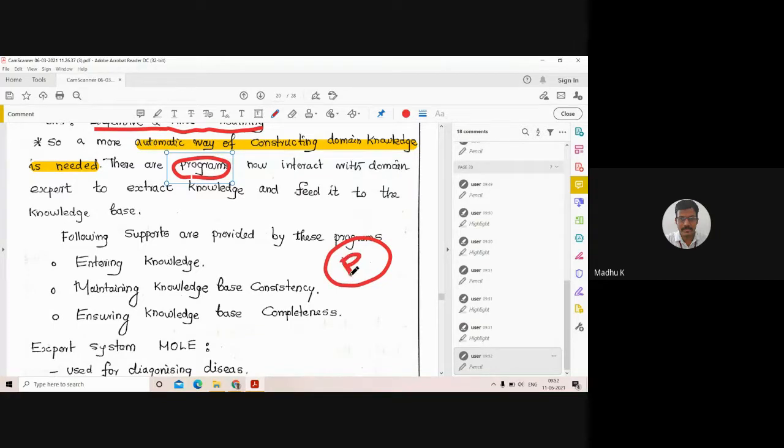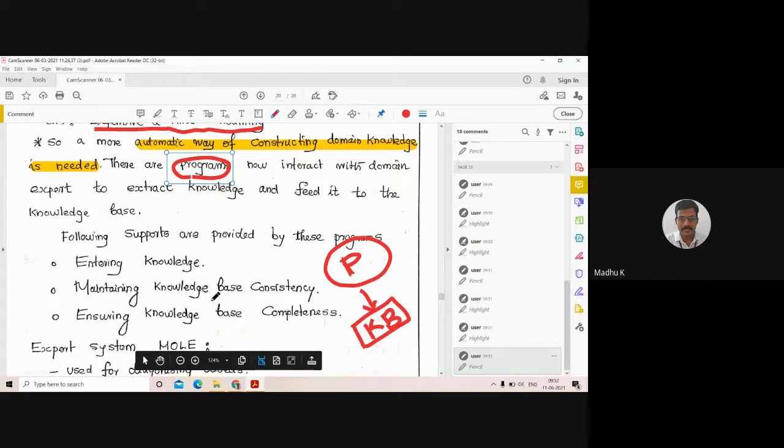So what are its capabilities? One, entering knowledge. It has the capability to enter knowledge into the knowledge base automatically.